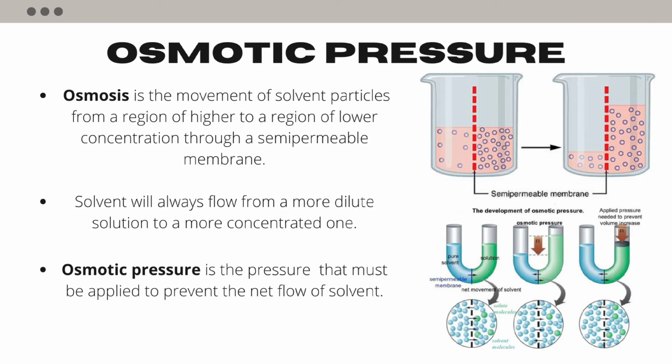Next is the osmotic pressure. Osmosis is the movement of solvent particles from a region of lower to a region of higher concentration through a semi-permeable membrane. Solvent will always flow from a dilute solution to a more concentrated one. Osmotic pressure is the pressure that must be applied to prevent the net flow of solvent.